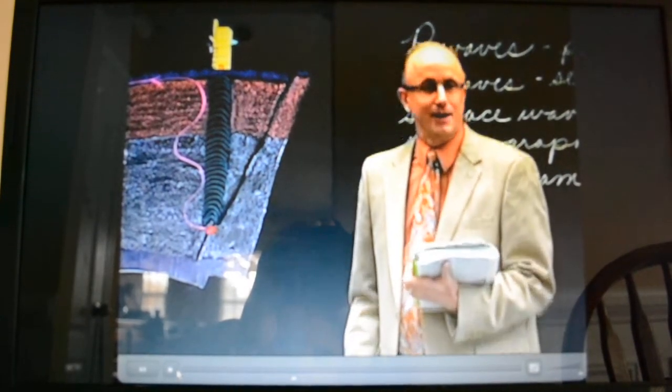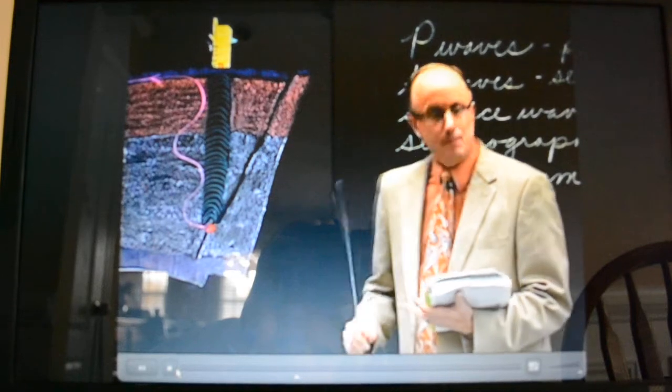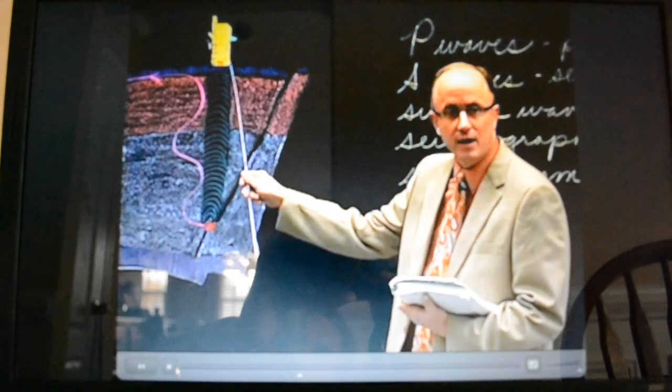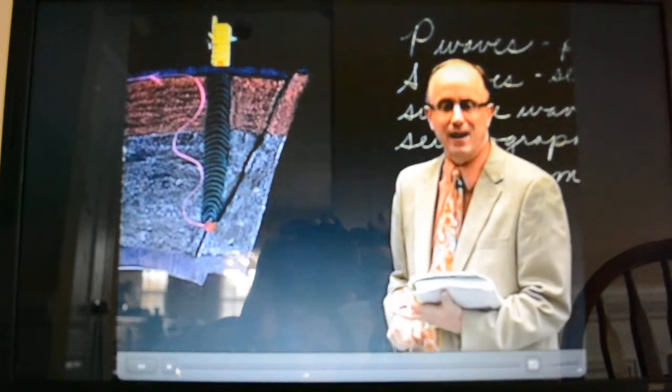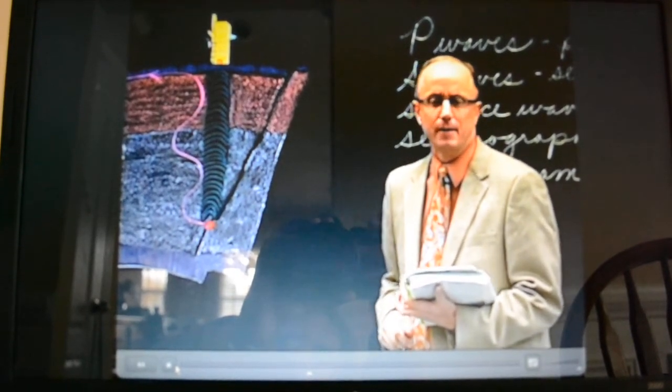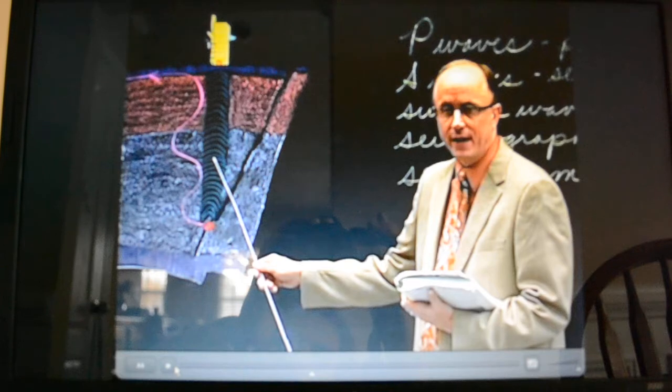Up and down, up and down. The P waves would cause that kind of a reaction, or the building would react that way to the P waves, I should say. These are the fastest waves.